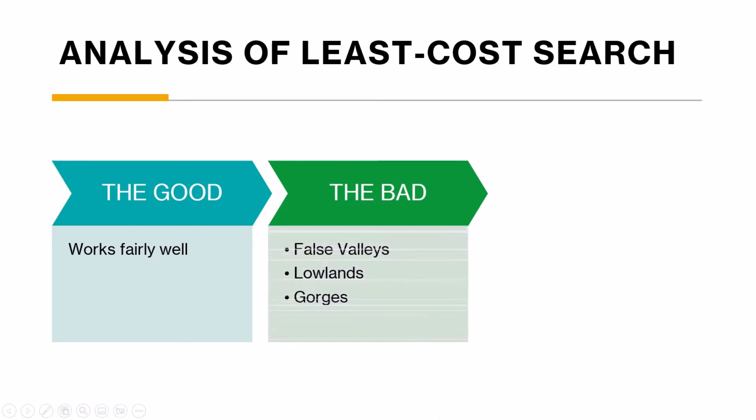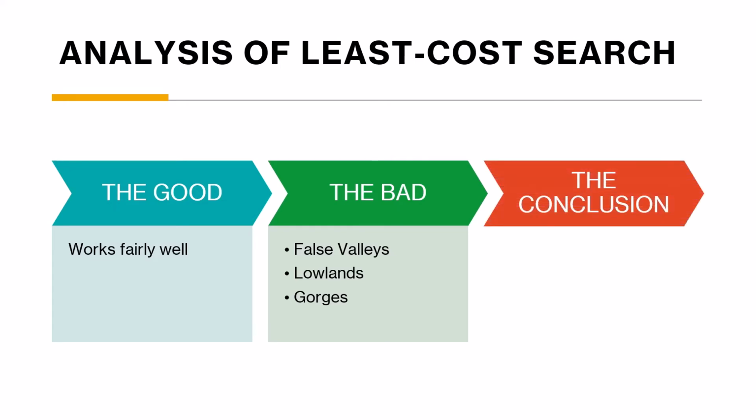And so we have false valleys instead of false peaks. We have lowlands instead of plateaus, and we have gorges instead of ridges, right? So essentially, the problems or the disadvantages are the same, but in reverse, if you will.